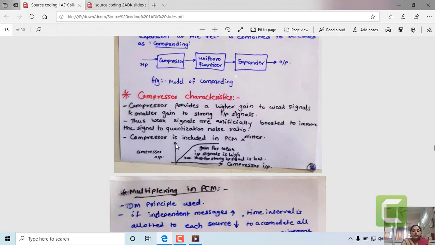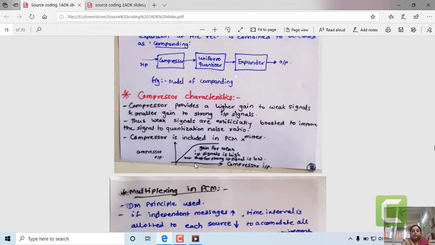In the characteristic plot of the compressor, the x-axis is marked as compressor input and the y-axis as compressor output. When the input signal level is low, its gain has to be increased. That means in the range where the input values are lower compared to the larger input values, the output value goes on increasing continuously.